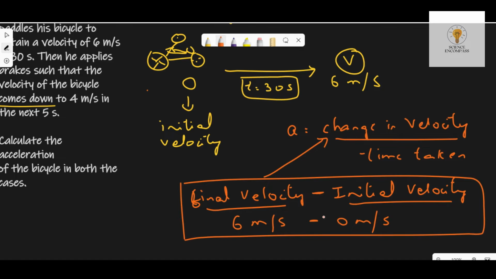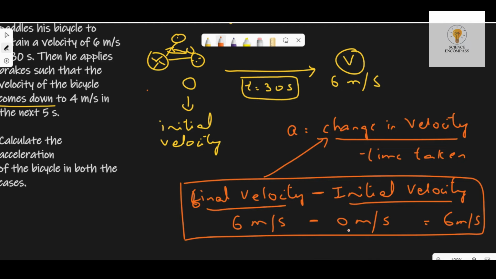In this case, it's just going to be 6 meter per second, because we started off with 0 meter per second as the initial velocity, and the final velocity is 6 meter per second. So final minus initial is 6 minus 0, which is 6 meter per second, and that's the change in velocity divided by the time taken.